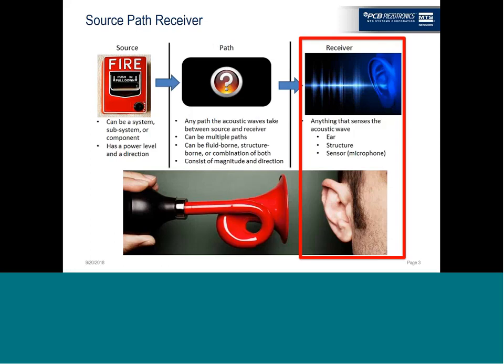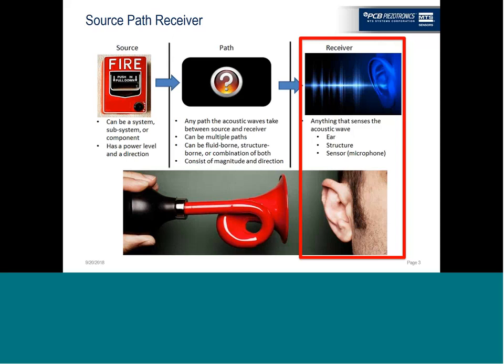All right. So to start out, in acoustics, as always, we have this model of source, path, receiver. We talked about this very generally in basic acoustics, where your source is a system that is creating sound.